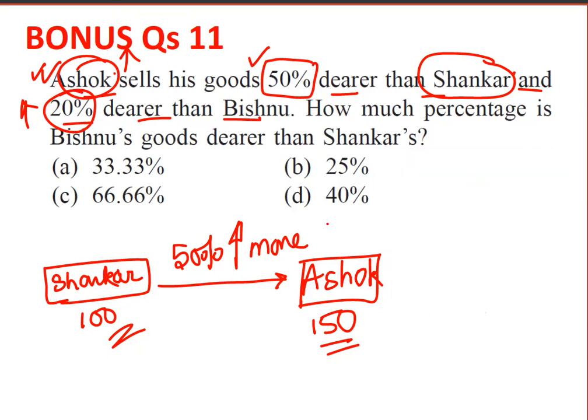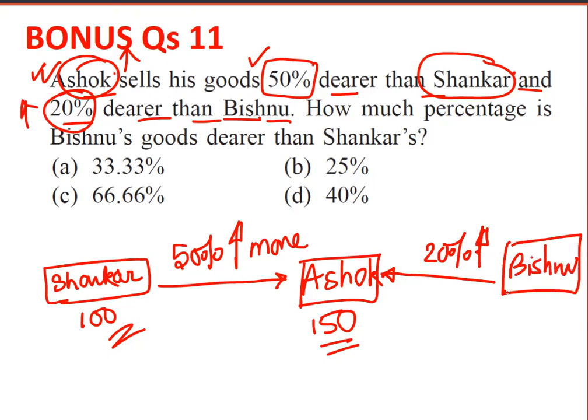Okay, time up for you guys. If you haven't solved it, see the solution. And 20% dearer than Vishnu. So this price is 20% more than Vishnu's. Clear? So what can this value be, so that if you increase it by 20%, you will get 150?